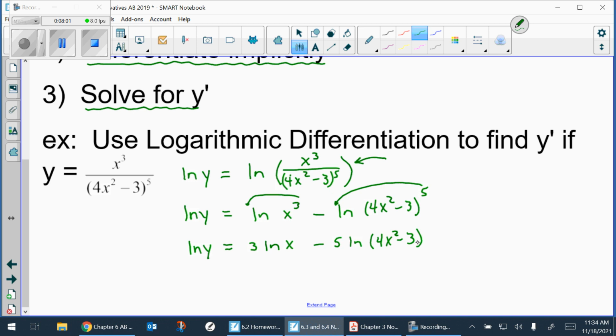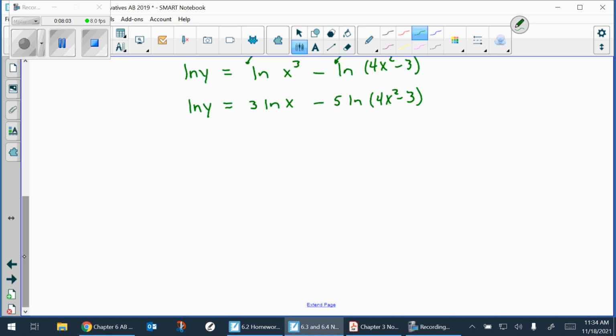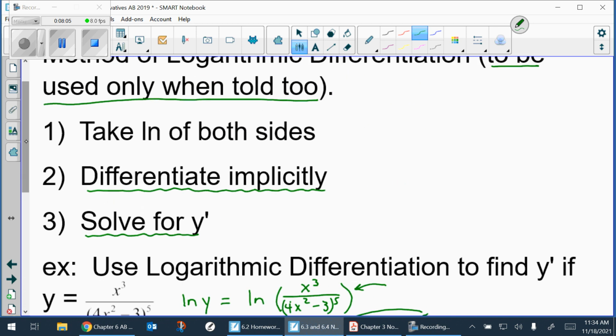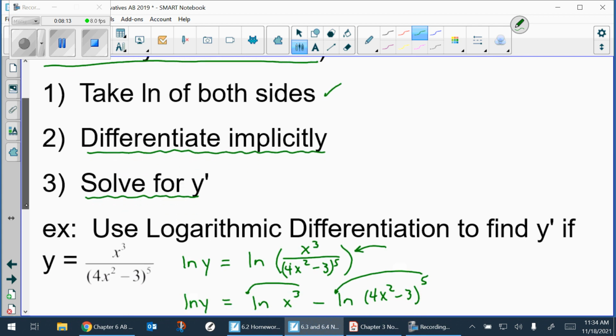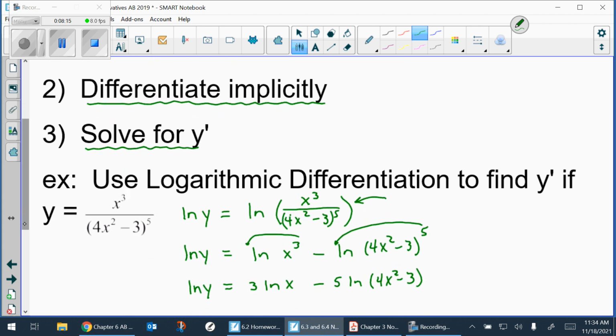Now I'm going to take the derivative. I've done this first step. I've taken the natural log of both sides, and I've simplified that one side quite a bit. Because now it's going to be much easier to take the derivative of that side.